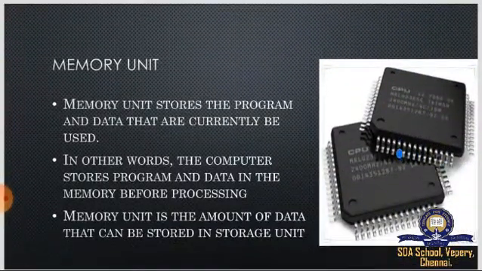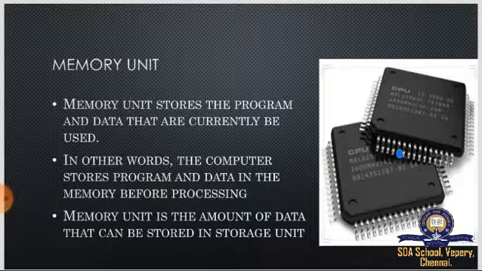Next is memory unit. Memory unit stores the program and the data that are currently being used. In other words, the computer stores program and data in the memory before processing. Memory unit is the amount of data that can be stored in storage unit.